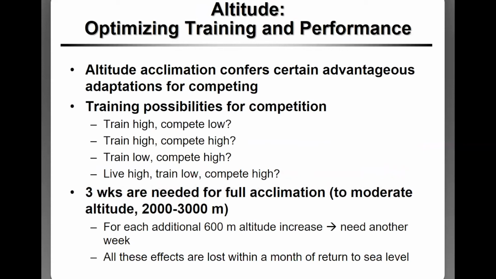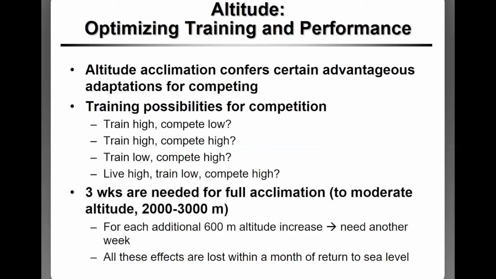So many competitors and coaches try to find that combination of training, or try to find that training regimen that would give their athletes that extra edge. There's a combination of things that have been tried: train high and then compete low, train high to gain those benefits and adaptations to altitude and then compete high, and then train low and then compete high. So different variations have been studied.